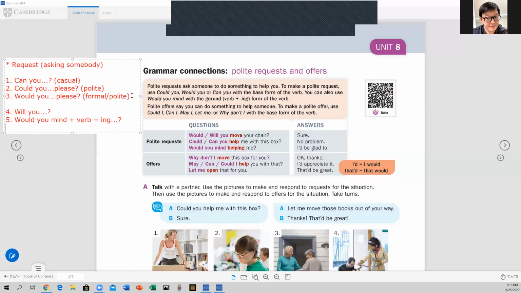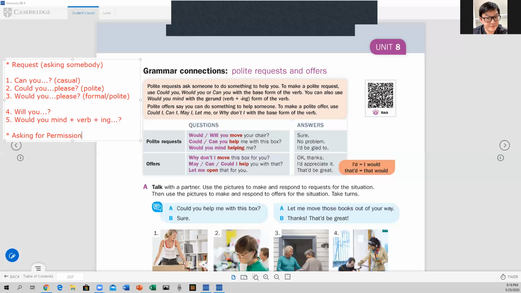Now also asking for permission. Okay, so you're asking somebody if you can do something.